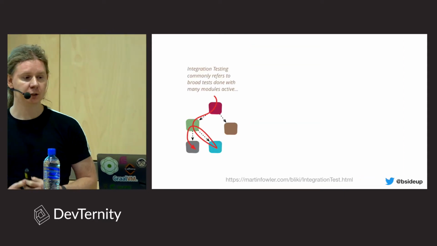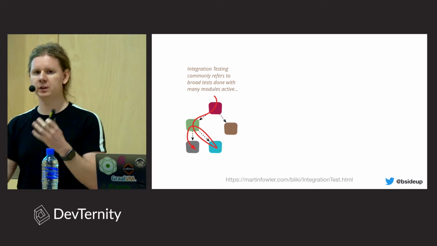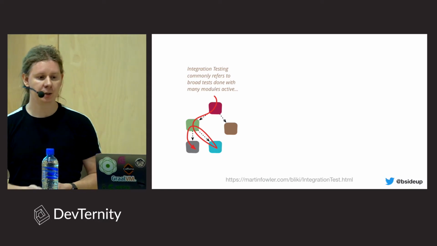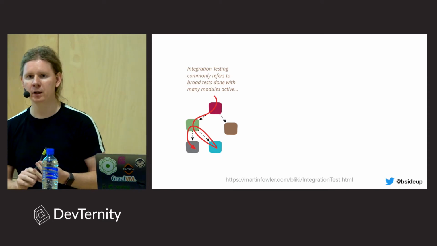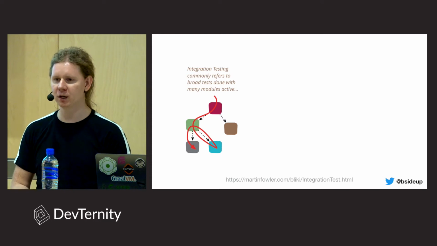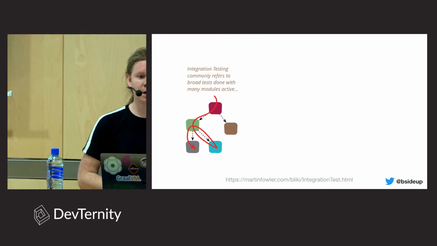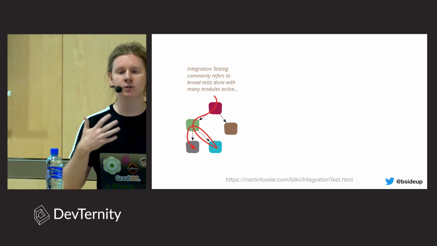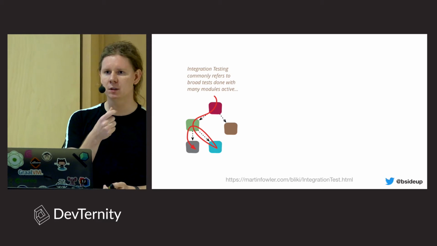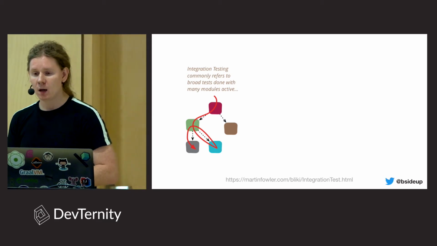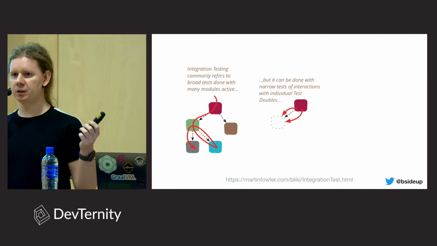Integration testing commonly refers to a broader test compared to unit testing, and here I'm referring to Martin Fowler, because, well, I'm nobody, he's the man who's talking about testing, so let's rather listen to him. He says it's a set of broad tests, which means that we are not just testing a line of code, we're testing something bigger. But it doesn't mean that we have to test everything in our system.